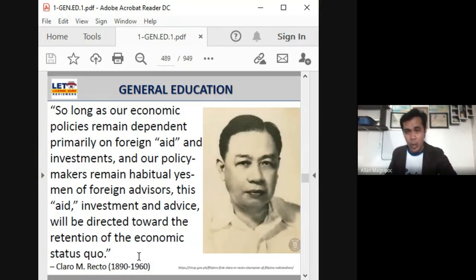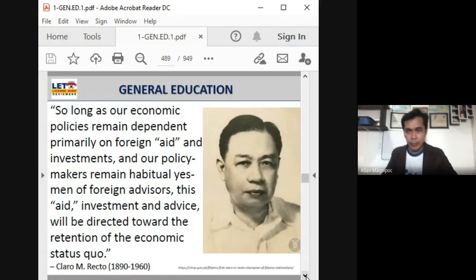Meaning to say, ano ang status quo at the time? We are dependent on American aid. If we still accept this aid, investment, and advice from the Americans, there is no change, but retention of the economic status quo.